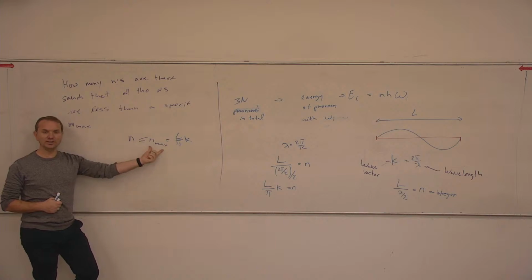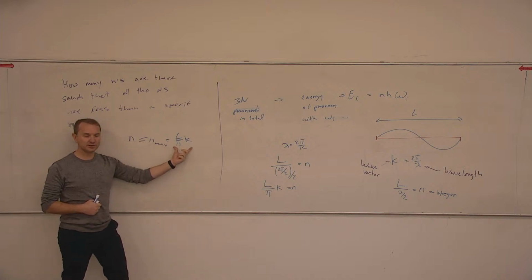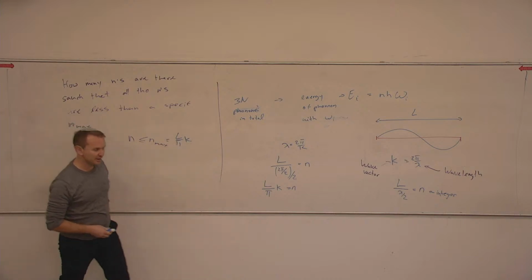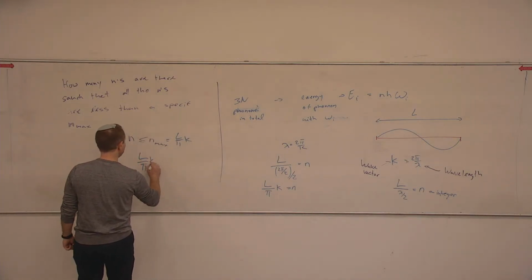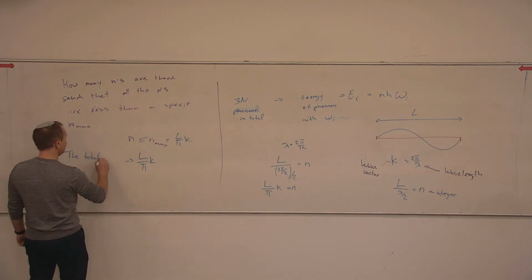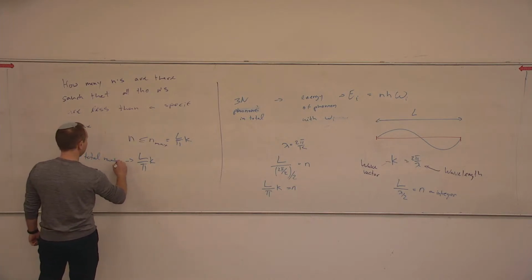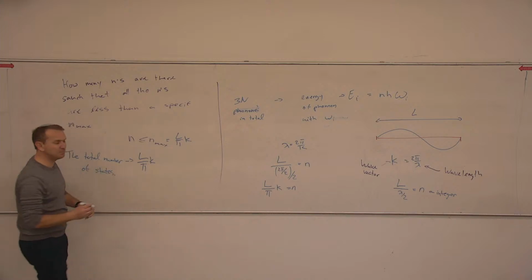So the total number of different states up to a given wave vector is just L divided by pi multiplied by k. Okay? So L divided by pi multiplied by k, the total number of states.